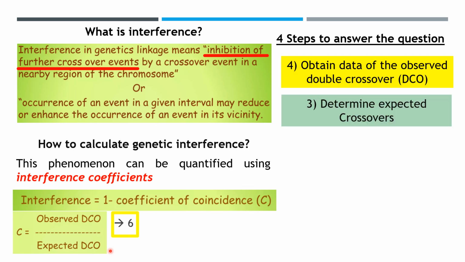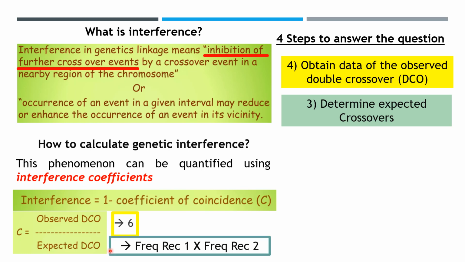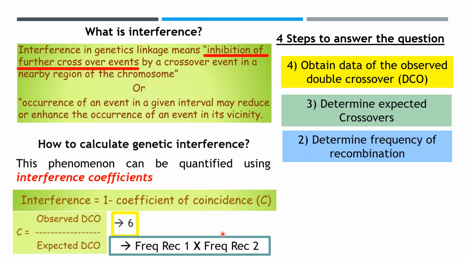To get those ones, we need to determine them, and to do that we will need the frequency of recombination of one region multiplied by the frequency of recombination of the other region. So we will cover that in a second.